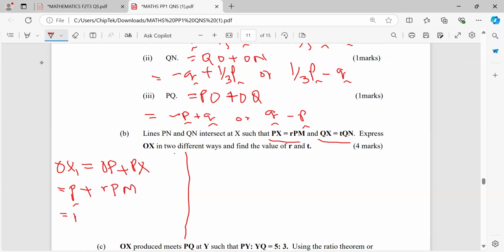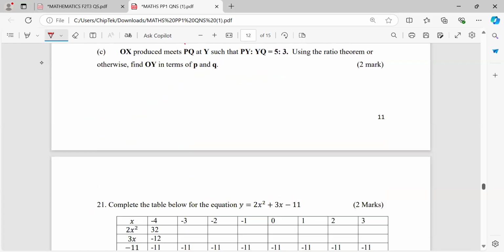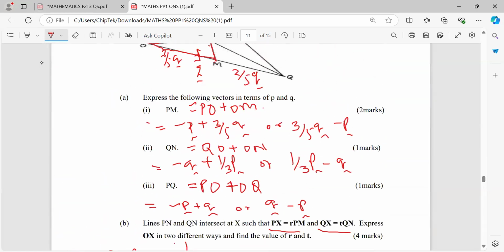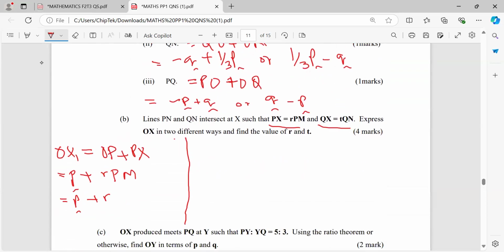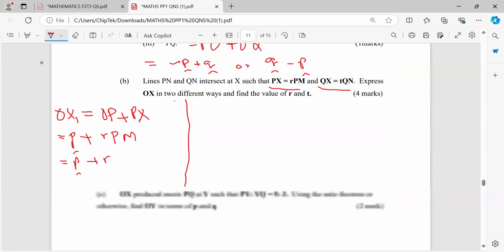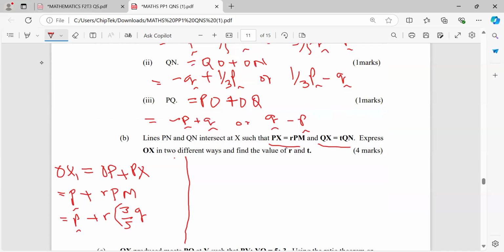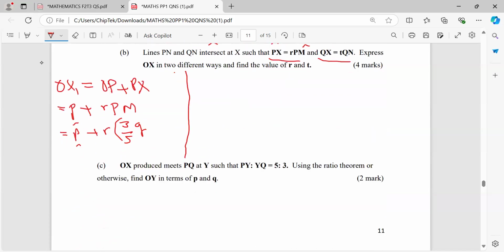So P plus RPM. RPM tulipata ni 3/5Q minus P.